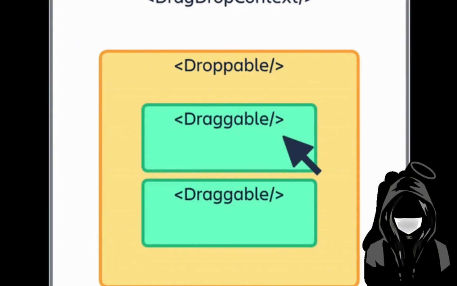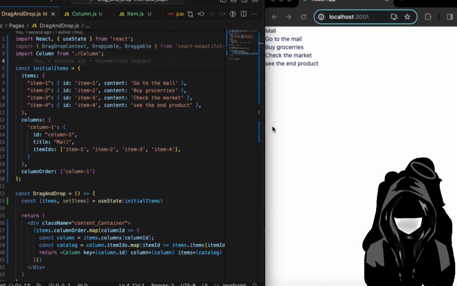Okay, that's for the DragDropContext. Now Droppable is a component provided by the library as well that represents an area in your application where draggable items can be dropped. So note the difference. On the Droppable, you can drop draggable items, while the Draggable is a component that represents an individual item that can be dragged within the application.